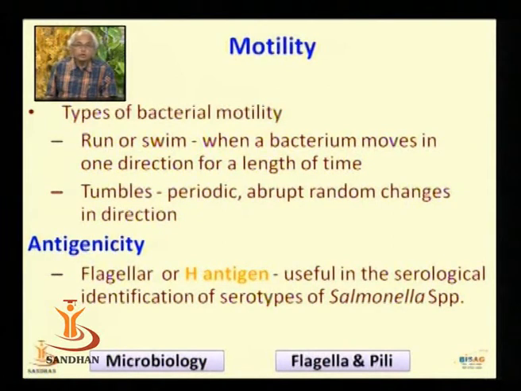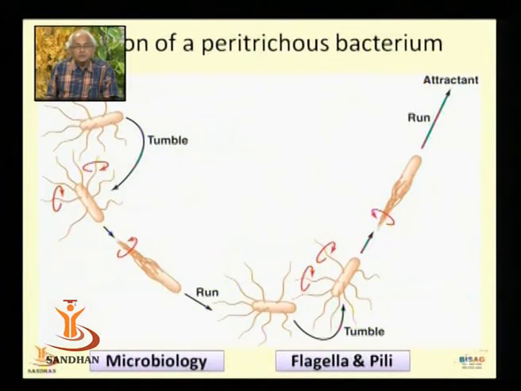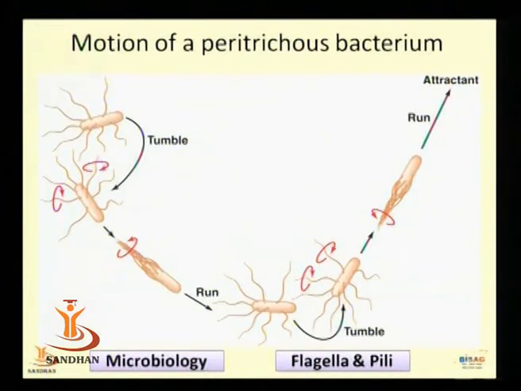Because of the proton motive force, the rotary movement of the S and the M discs is generated, and once the S and the M rings are rotating, this rotary movement passes across the rod to the hook, and via the hook it goes to the filament. The filament rotates, strokes the water body, and that is how the bacterial cell moves.